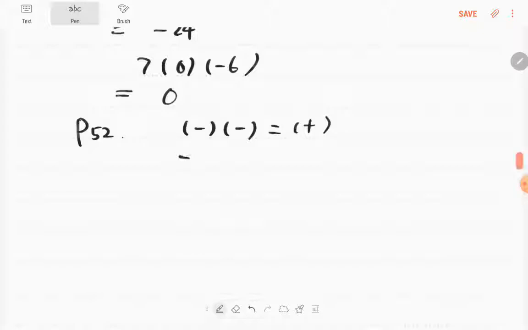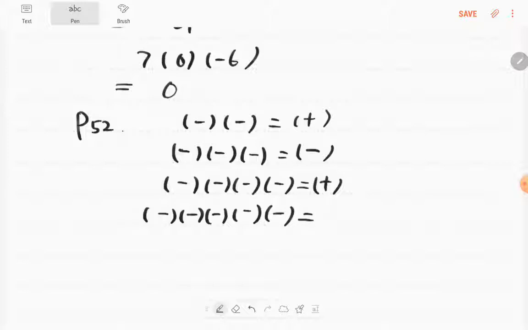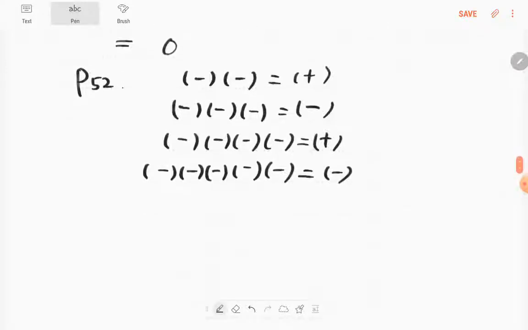But if it's 3 negatives, we will get negative. And if it's 4, we get positive again. But if it's 5, we get another negative. So get the rule.